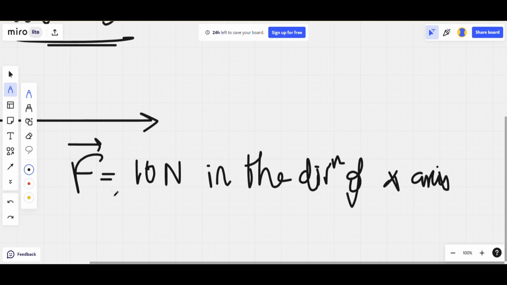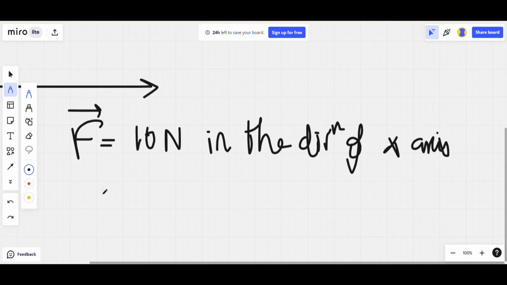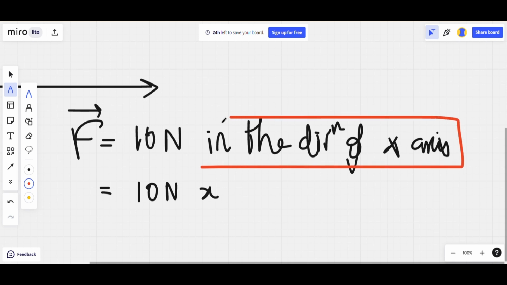So they decided to shorten it, not by calling it 10 newton x, but with another way to convey the message within a single letter, and that letter is I cap.